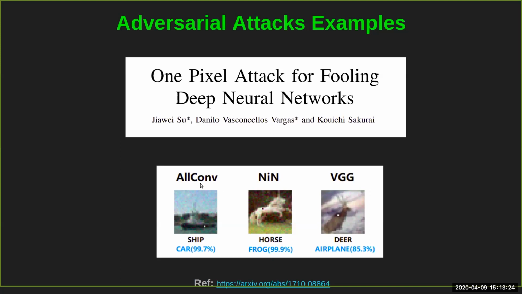In this sample, you can see that the actual image represents a ship, but just changing the value of this one pixel, it can be classified as a car with 99.7% chance. So it is 0.997 probability. This shows you how vulnerable these models are towards adversarial samples.